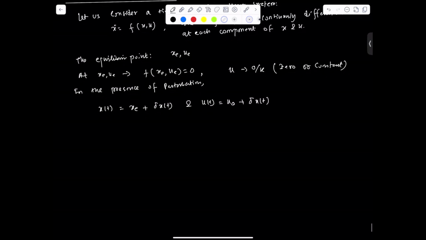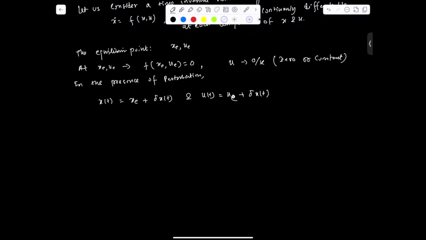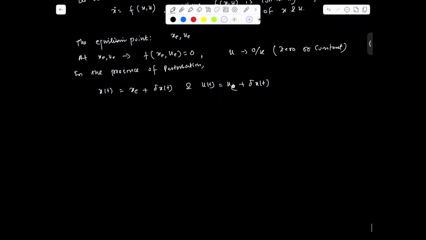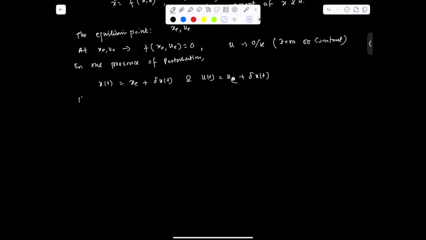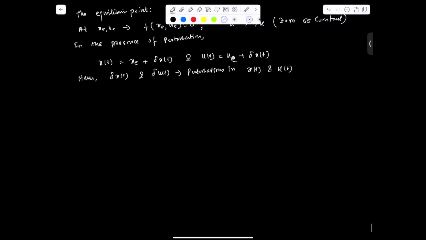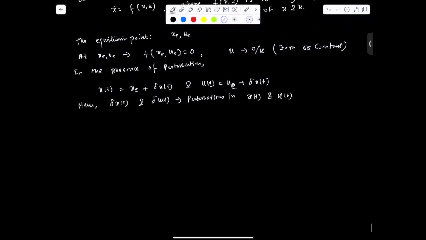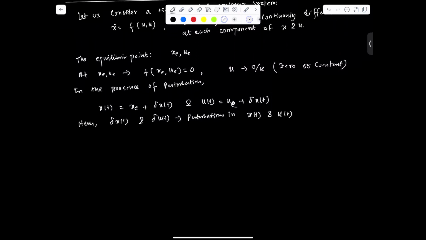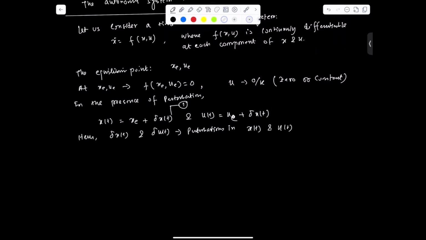So here u naught is some equilibrium value of u. Here delta x of t and delta u of t are perturbations in x of t and u of t. Now we'll take the time derivative of the equation. Let us define this as equation 1, and this as equation 2.